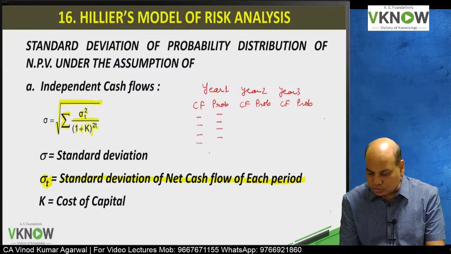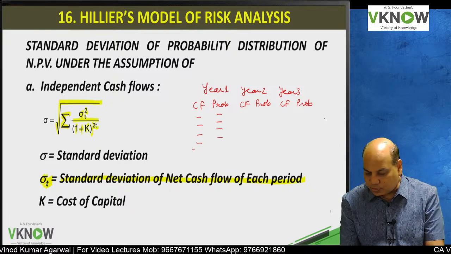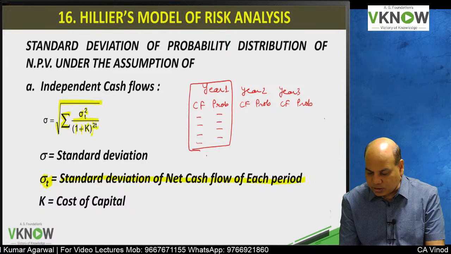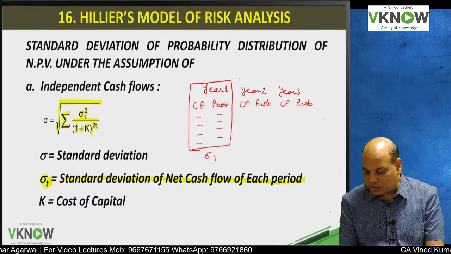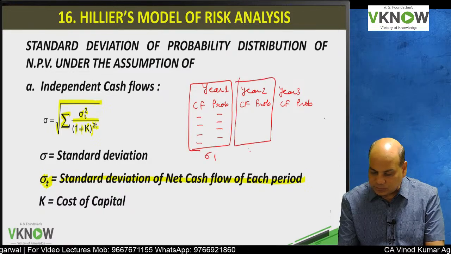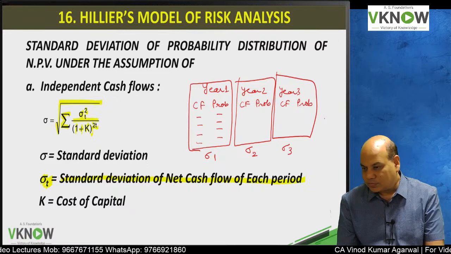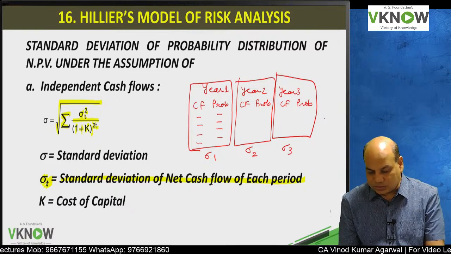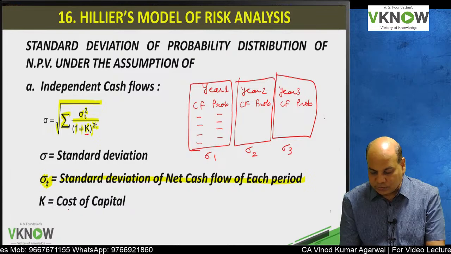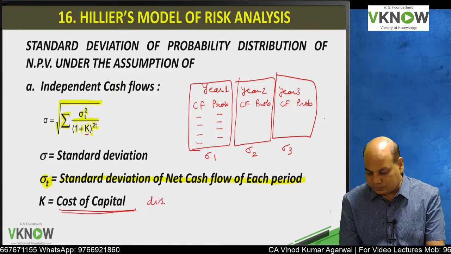So based on cash flow and probability, you will calculate the standard deviation of year 1, you will compute the standard deviation of year 2, you will compute the standard deviation of year 3, and then apply in this formula. And what is K here? K is your cost of capital or discount rate.